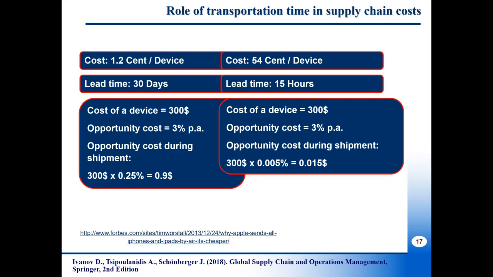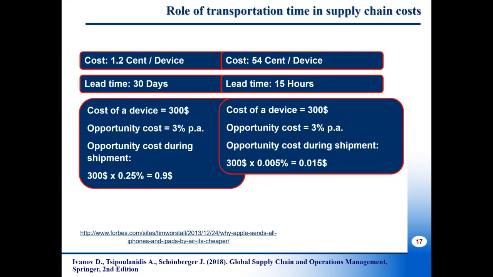Apple is Cathay Pacific's biggest freight customer, as it prefers to move most of its stock by air instead of boat. The benefit is being able to move stock quickly rather than cheaply, with stock moved from China to the US in 15 hours instead of 30 days. The lead time difference between boat and air transport has to be financed.